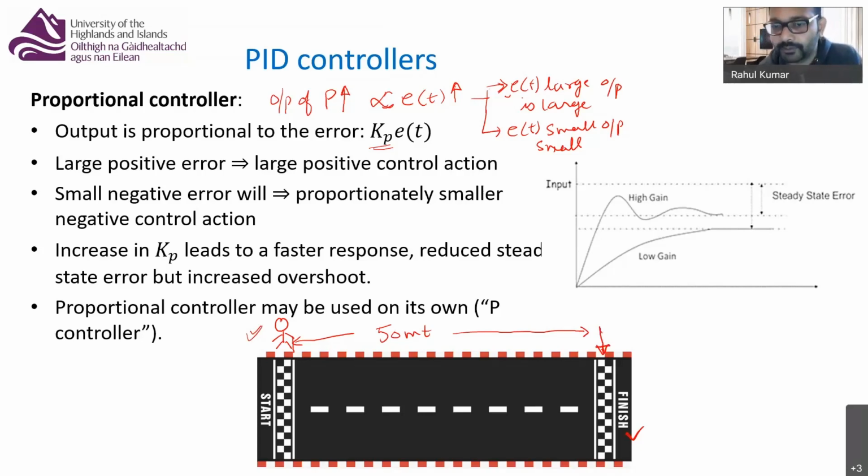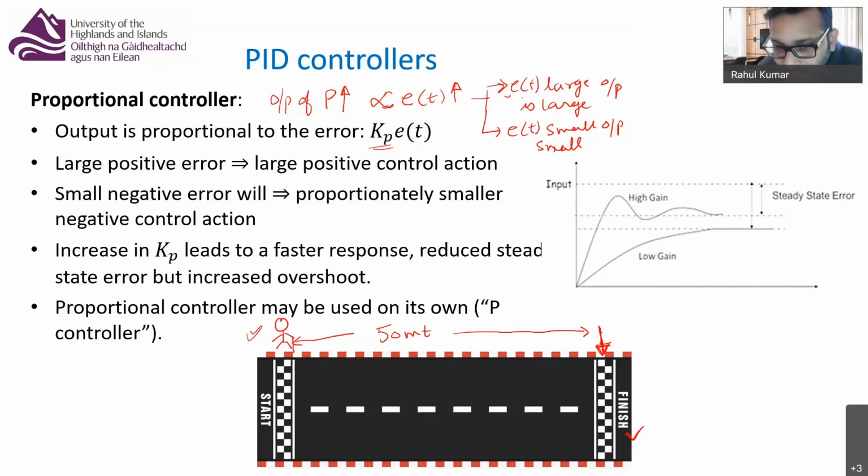Now if we use a proportional controller, where the output is proportional to the error signal E of t, then if the error is large, the output should be large, and if the error is small, the output should be small.